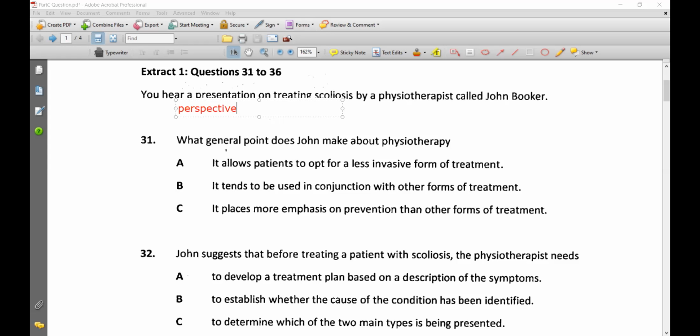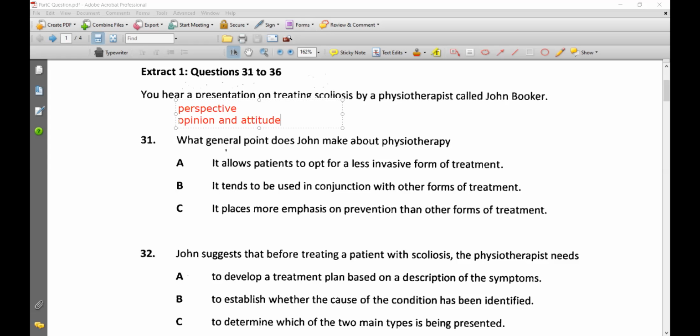So all the listening part C questions will be, just like reading part C, based on opinion and attitude. The majority of the questions will ask you to understand the speaker's opinion or attitude towards something.